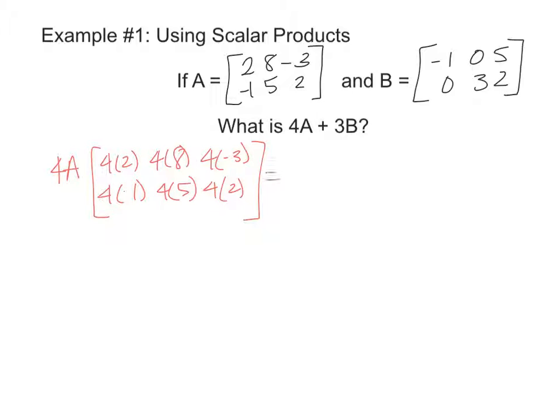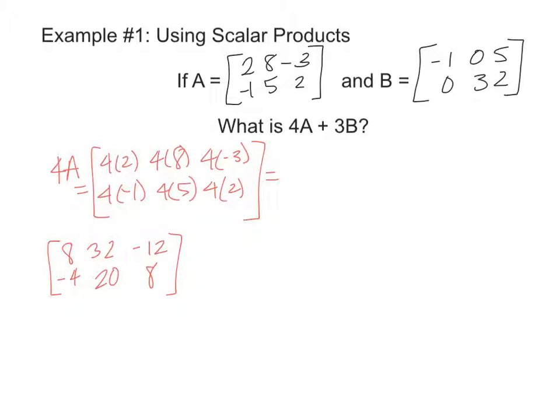Okay, that would then give us 8, 32, negative 12, negative 4, because remember that's negative 1, 20, and 8.